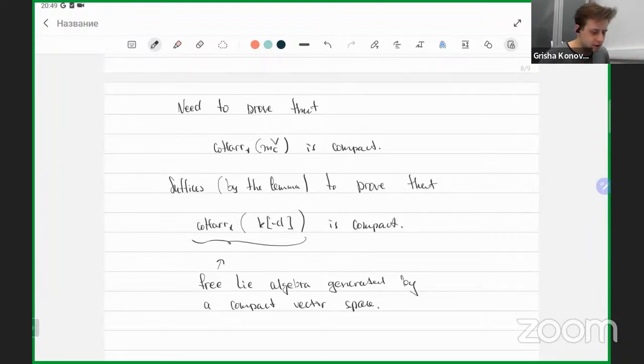Therefore, the object is compact. The free Lie algebra Cohar of K shifted by minus D is compact.